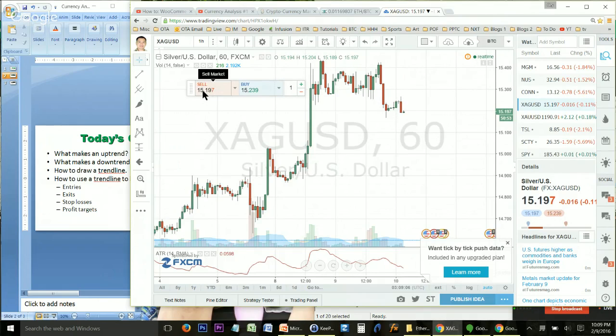So when you click this button, the buyers get their orders filled right here at 15.19. That's the easiest way for me to remind you what's the bid, what's the ask, or what's the buy, or any of that nonsense.